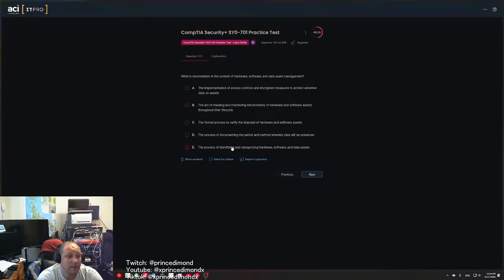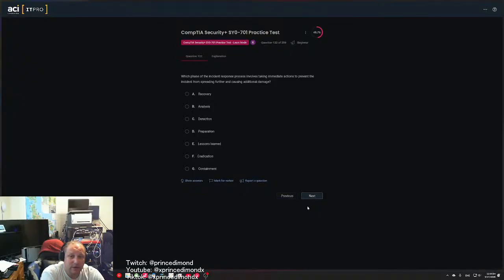Hang on. Identifying and categorizing hardware, software, and data assets. Because it says data here, it has to have it in the answer. Otherwise, your answer would be incomplete. So we're gonna go with E, and I'm glad I changed. Very key details that you want to pay attention to.